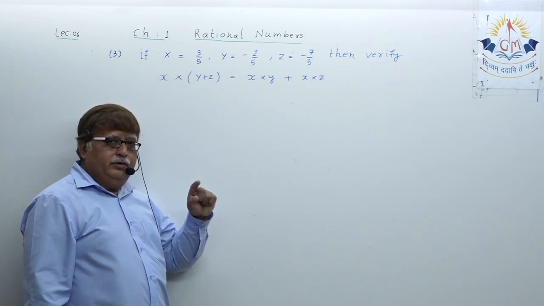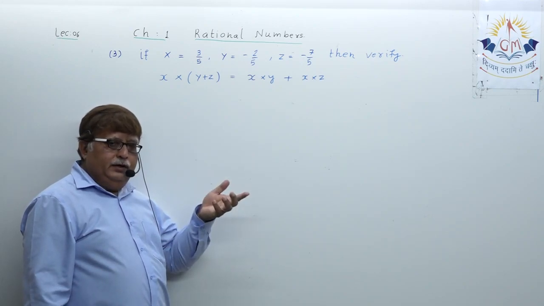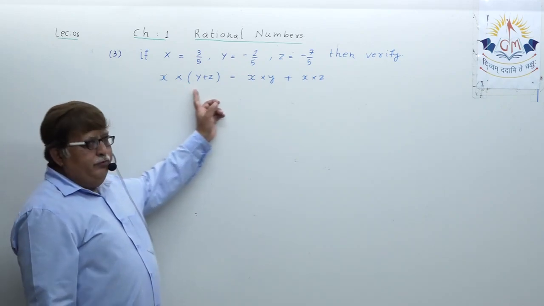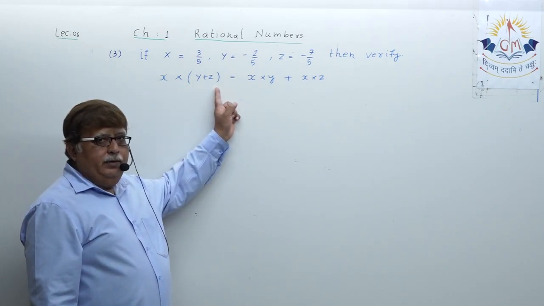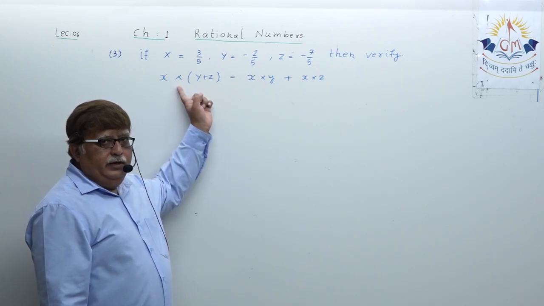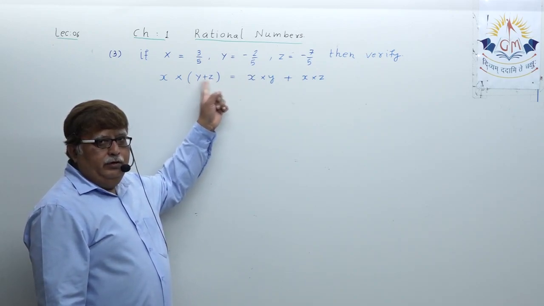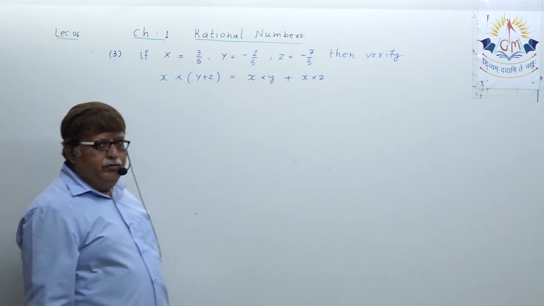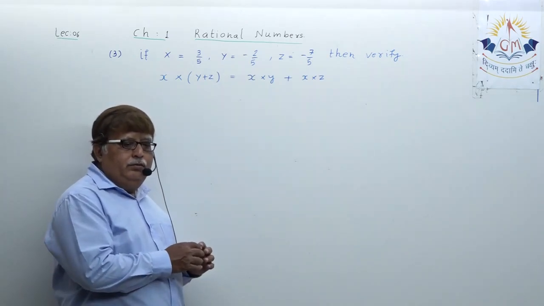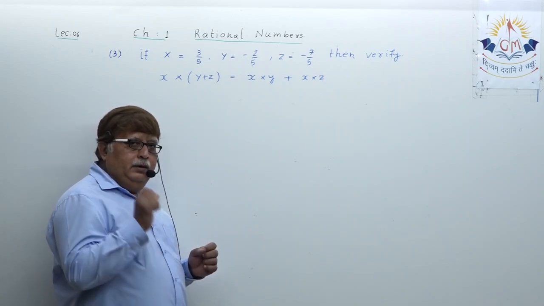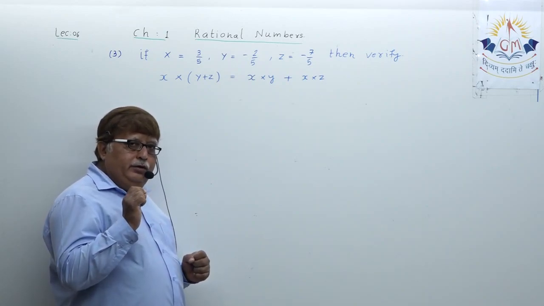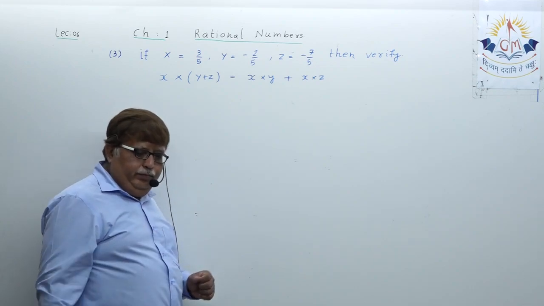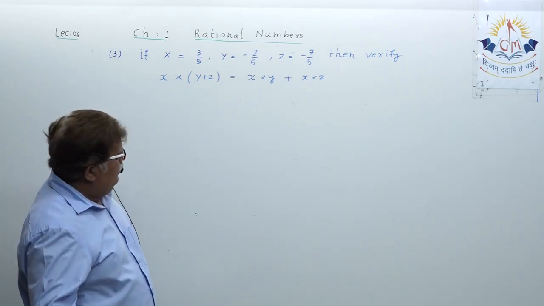You must have verified this in the previous standard also. x multiplied by y plus z, then you multiply x with y plus x with z. This is actually known as the distributive property, which we are proving now.